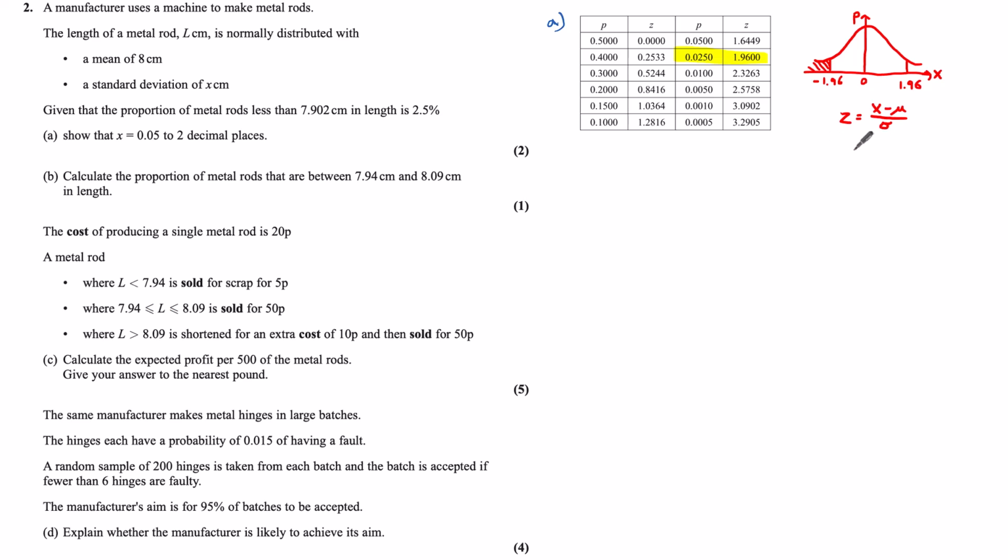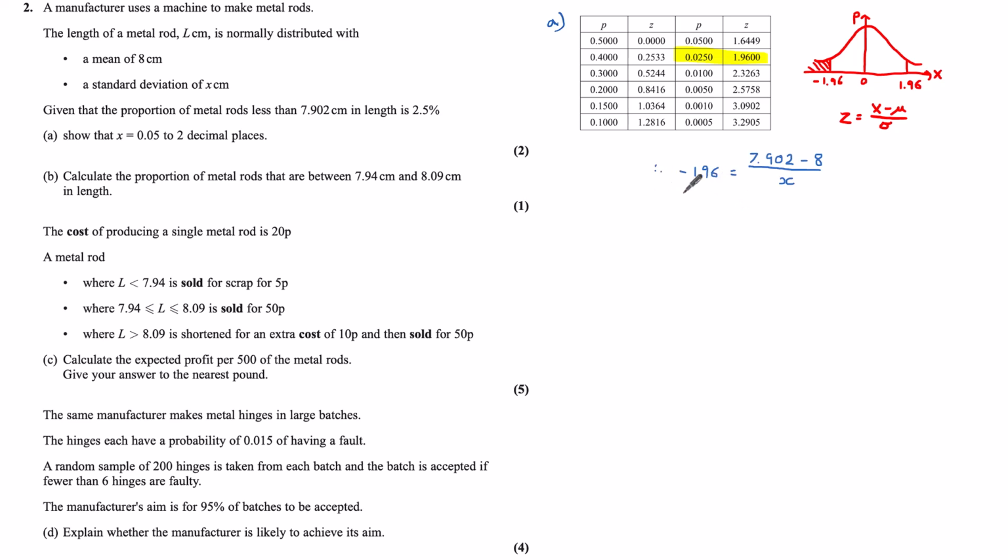Now you should remember your z-score formula, so that is z is equal to x minus mu over sigma, where x is the individual value we're looking at, in our case 7.902, mu is the mean, in our case 8, and sigma is the standard deviation we want to find.